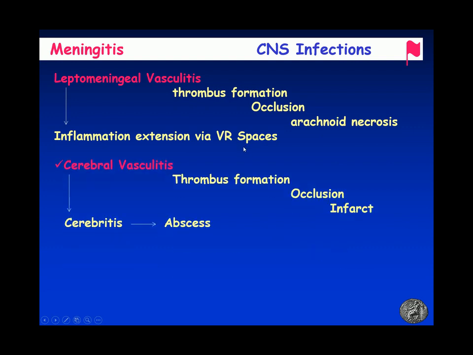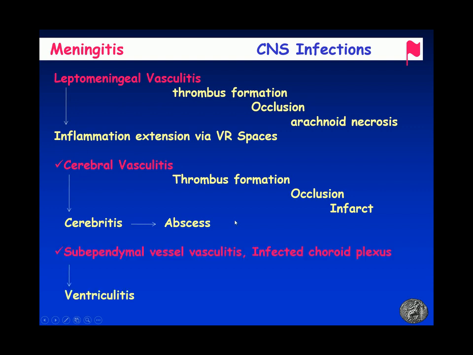From there the infection can go to the cerebral vessels, because in the Virchow-Robin spaces there are vessels. So the infection spreads into the vessels of the brain parenchyma, and this results in thrombus formation, occlusion, and infarct of the brain parenchyma. Or it can go for cerebritis and abscess formation.